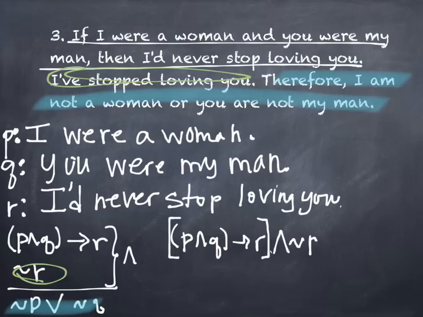Then what? Arrow, tilde P, or Q. Okay, then all of this, which I'm running out of different kinds of braces, but I think this one more will do. All of this is the antecedent for tilde P and tilde Q.